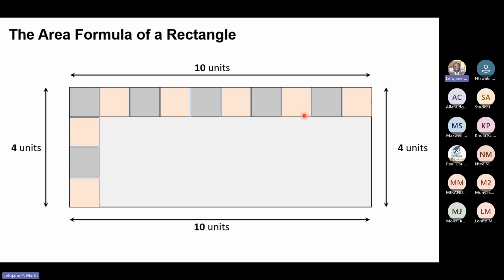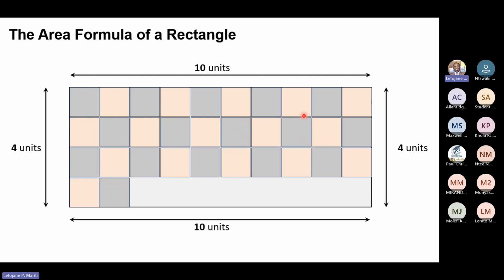Then you continue doing the same. Then you fill up the whole surface by covering it with all these squares. And by so doing, we are getting an idea of how many of these squares we are going to need to cover the whole area or the whole surface. The number of such squares will be the answer of the area that must be calculated.